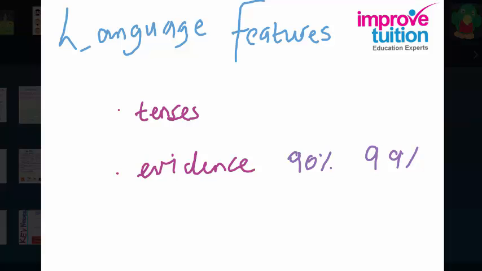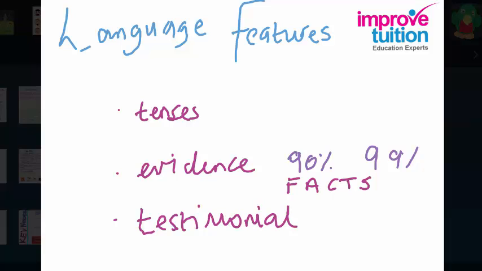You've got to persuade them, so use strong statistics, and use facts or quotes. You could say so-and-so said, and use a quotation. It's like a testimonial. A testimonial is when somebody who's already used the product gives an endorsement, saying this is what we think.